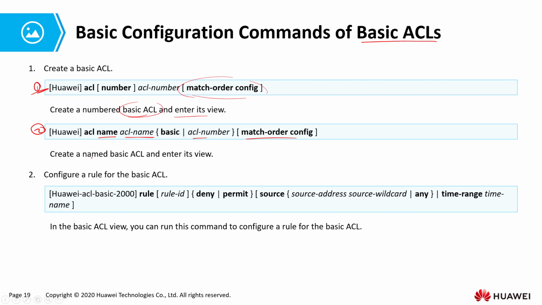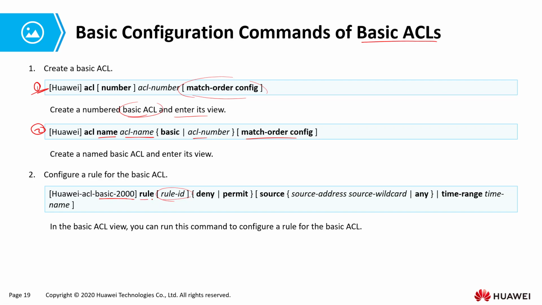The second part is to start creating rules in our ACL. So in this example, we are in ACL 2000 view, and then we can use rule and specify the rule ID. This is optional. If we do not specify the rule ID manually, then the system will auto-generate a rule ID.